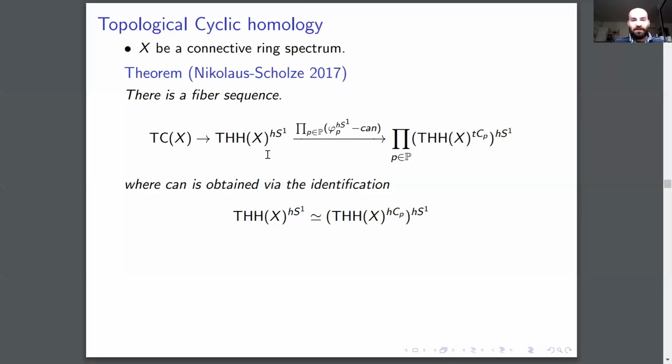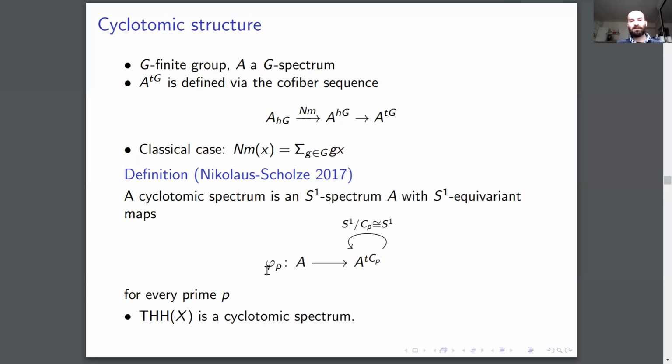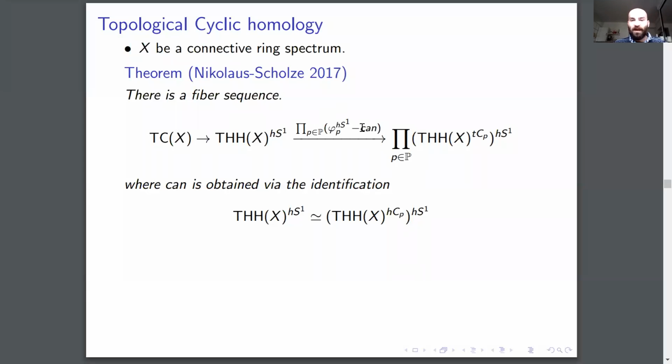So I defined what's in here. These are the homotopy orbits, sort of fixed points, and I defined what's in here too. You take a product over all primes. I defined what phi p is. That's what's called the Frobenius maps. But I just didn't tell you what can is. Can stands for canonical.